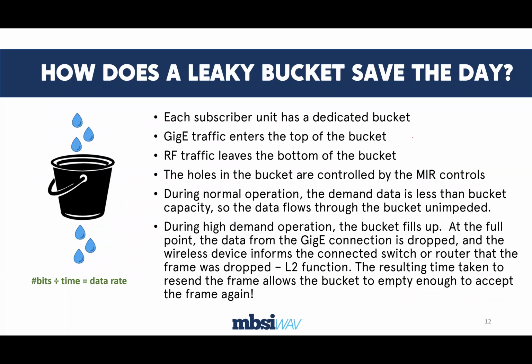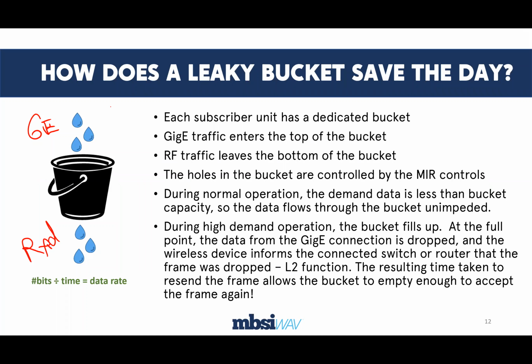So we have a solution. Almost every manufacturer today deploys some sort of leaky bucket algorithm, and it's just exactly that. So I thought, let's use a leaky bucket as the graphic example of what goes on. You can imagine this is the gig E connection up here, and this is the radio connection out here.